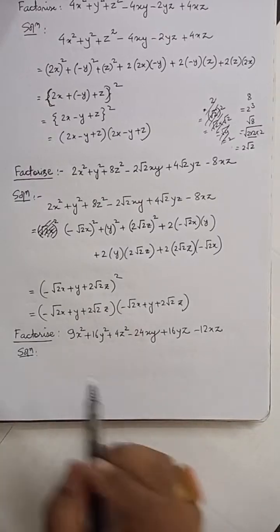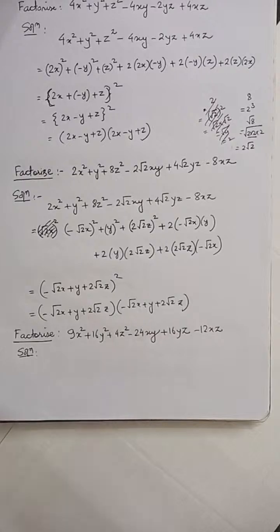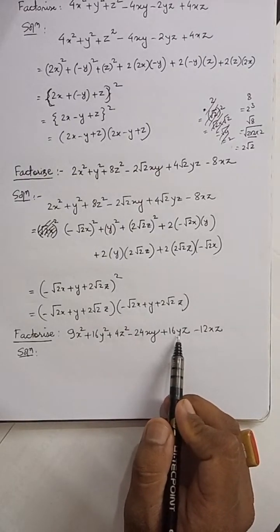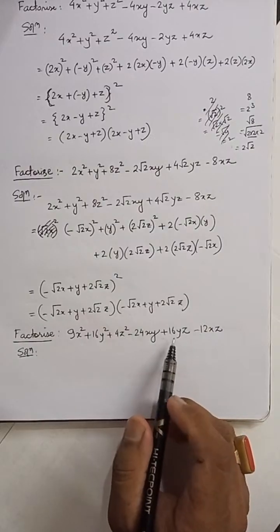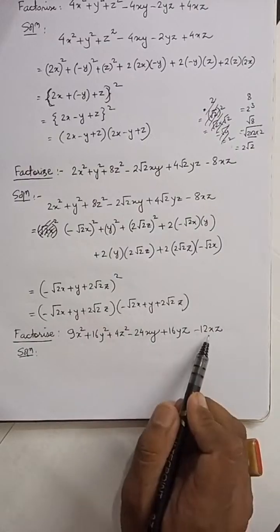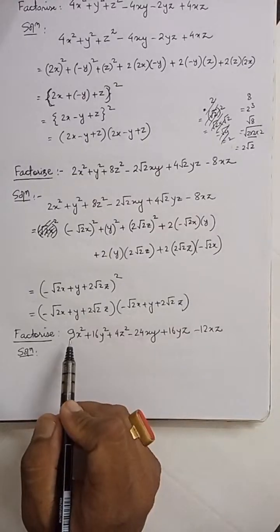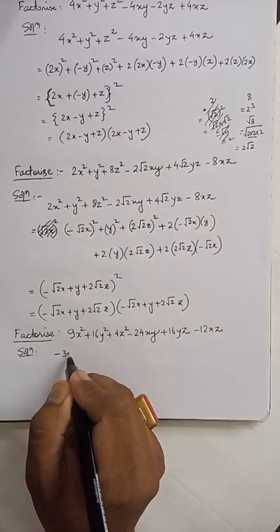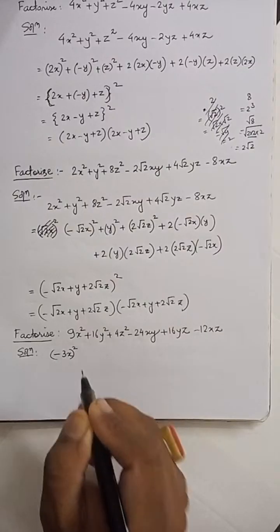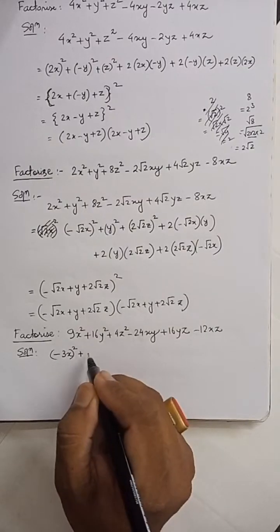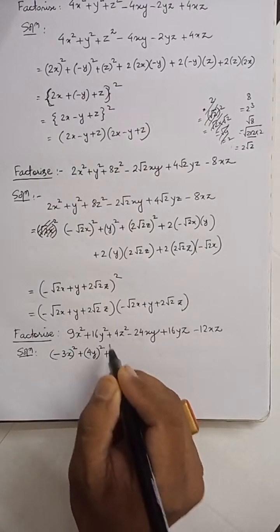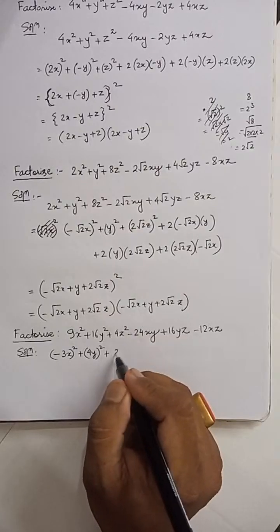Okay, so first step we have to find which term is negative. So we have 16yz, so where we have y and z the term is positive, that means where we have x the terms are negative, that means the first term is negative. So we'll write this as minus 3x whole square. Then 16y square can be written as 4y whole square, and then 4z square is 2z whole square.